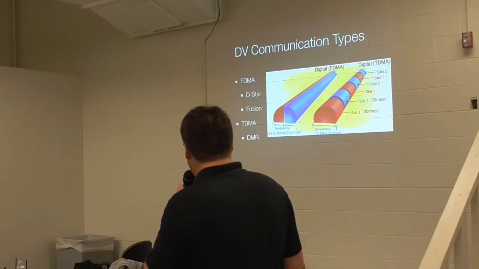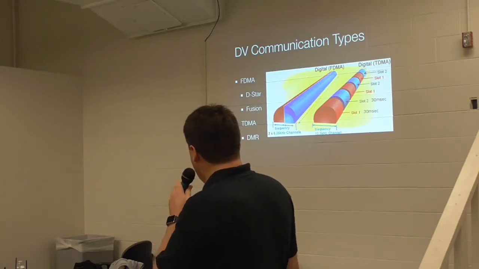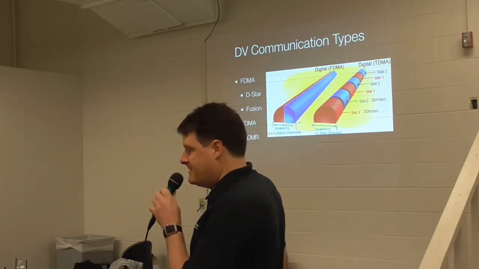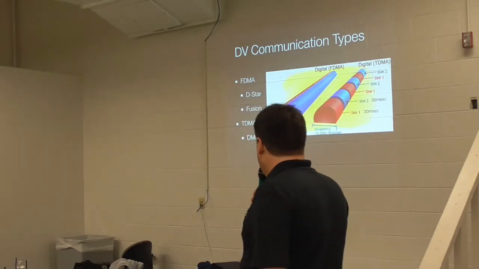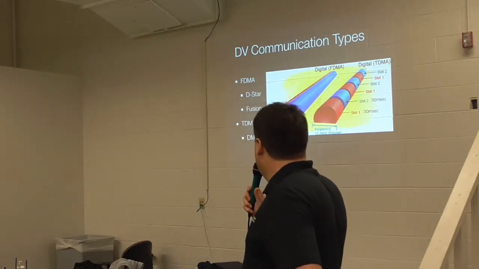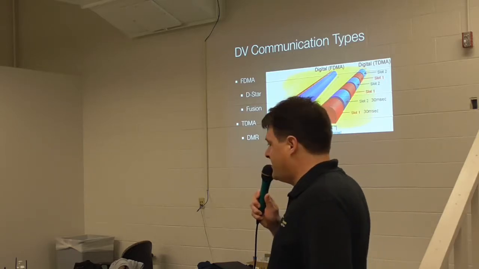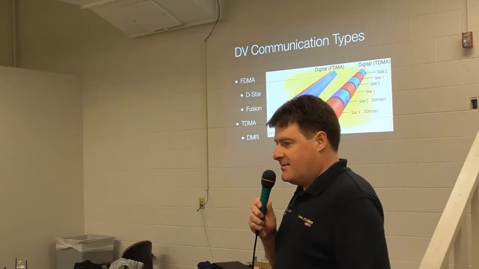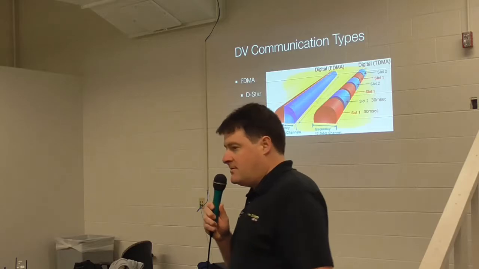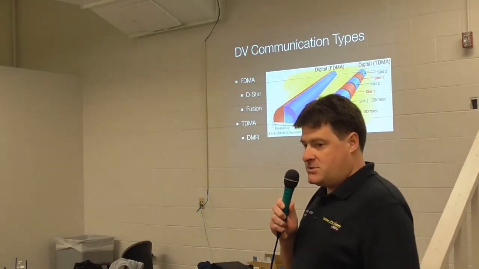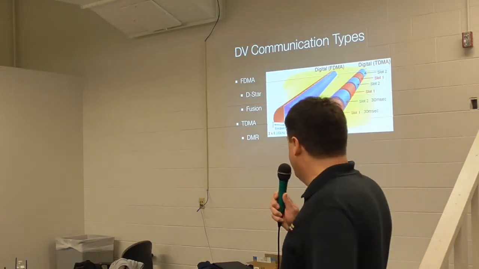So what's interesting about this is we've got 2 kind of standards out there. There's FDMA, frequency division multiple access, and we have TDMA, which is time division multiple access. The one on the left there is FDMA, and it's 2 6.25 kilohertz channels. So what does that mean? In D-Star we're using 1 6.25 kilohertz channel, so if you want to put 2 D-Star repeaters in place, you need 2 sets of frequencies.